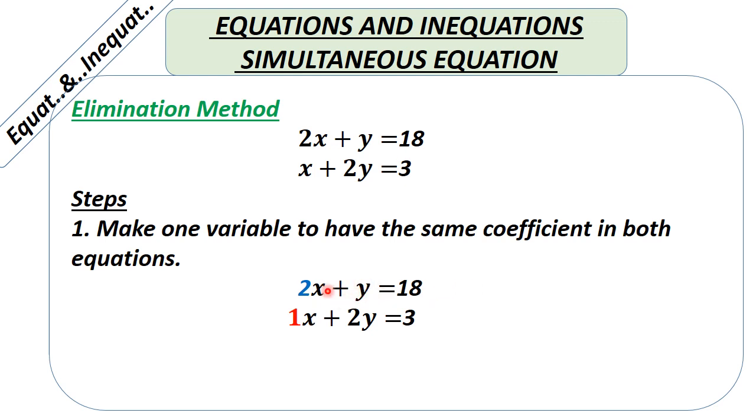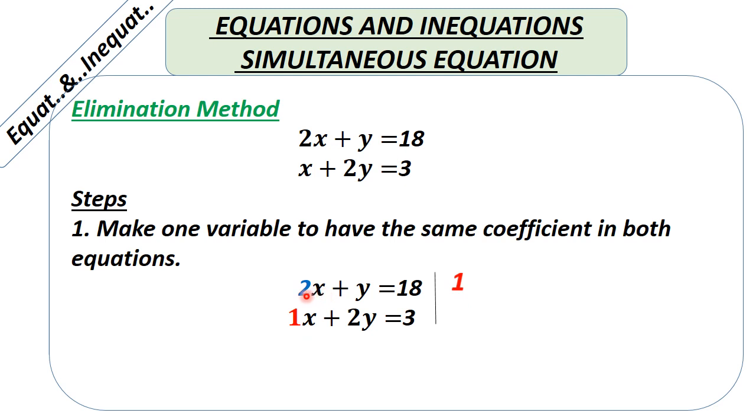So how do we make the two variables have the same coefficient? You just draw a line here and you get the coefficient of, let's say this, which is 1. You take it there in the same line with the first equation.